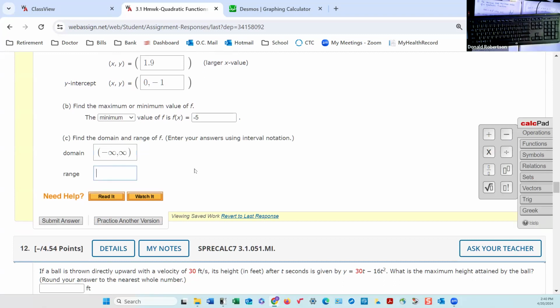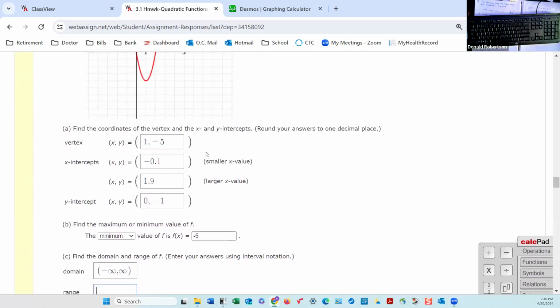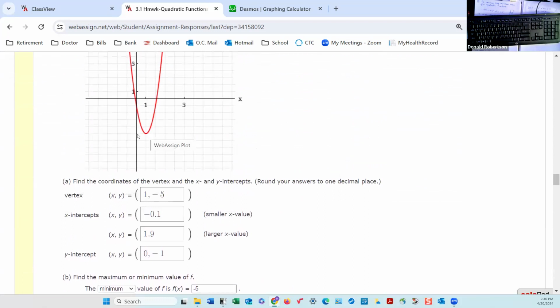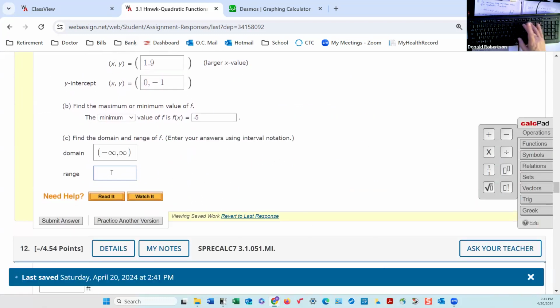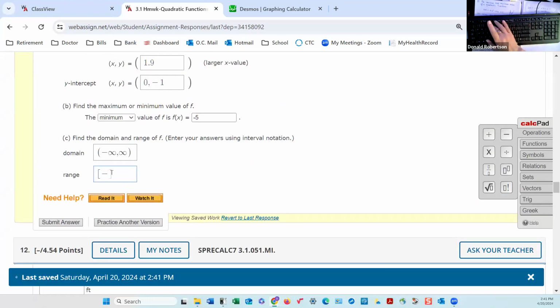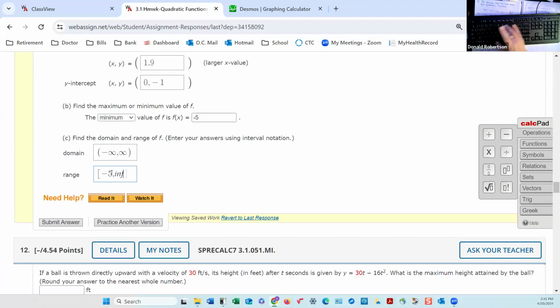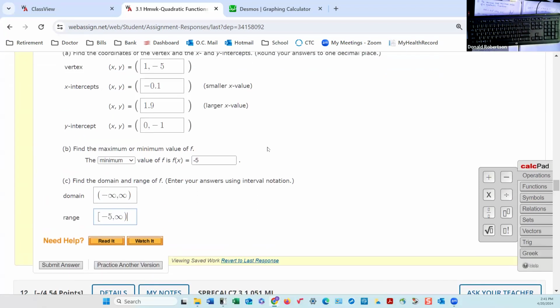And the range of this function, well, we know that that number is the lowest, and the y values are everything above that. So square bracket, negative 5 to infinity. Right, now I'm pretty comfortable with the answers except the x and y intercept.